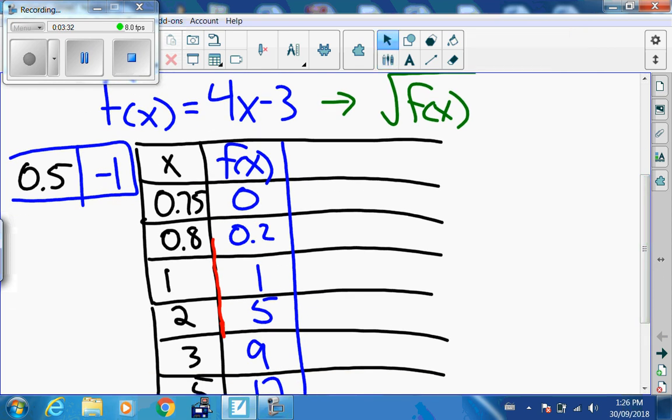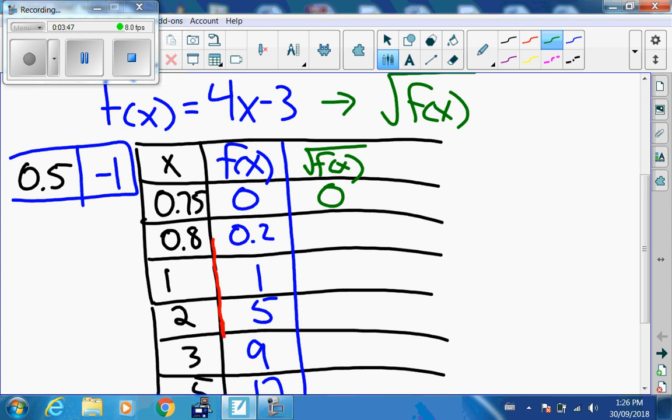So what we're going to do now is y equals root f at x. And again, it's the root of the y value. So root of 0, hey look, that's 0. Square root of 0.2. Again, this is kind of an odd one to use.